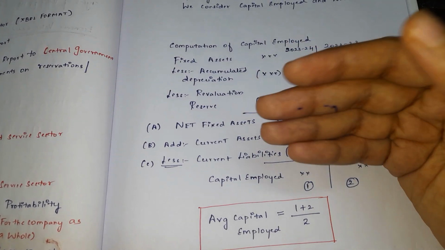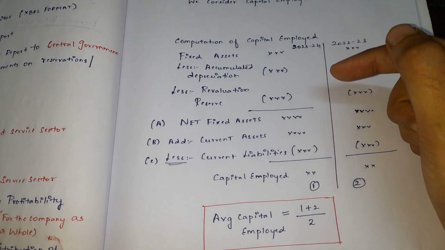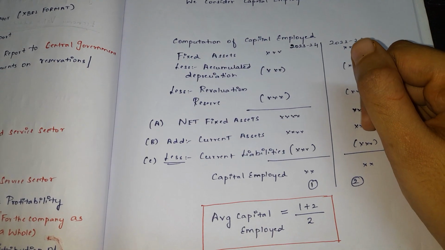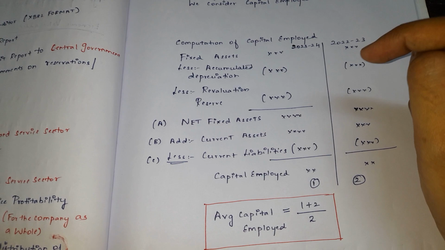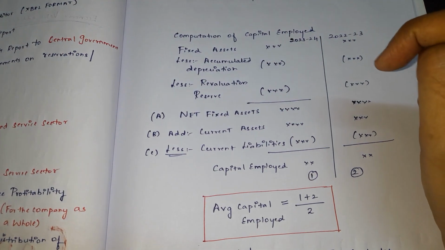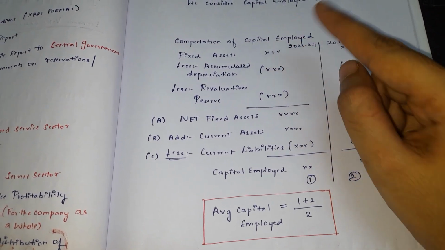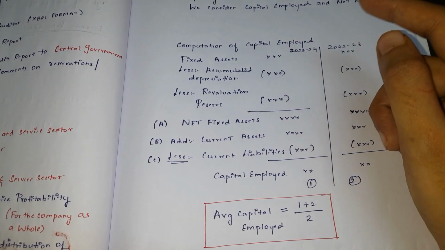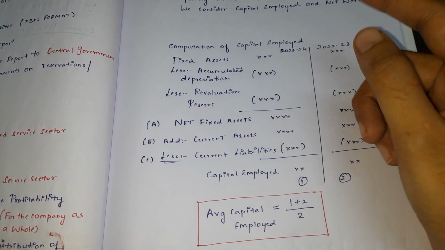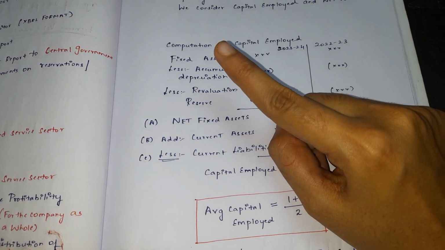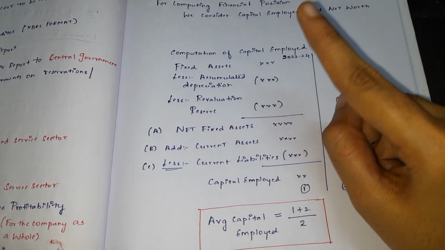Such intangible assets are not utilized for operating my business. So if the CMA institute asks to compute capital employed and they include intangible assets, just exclude that. We don't have to consider that.